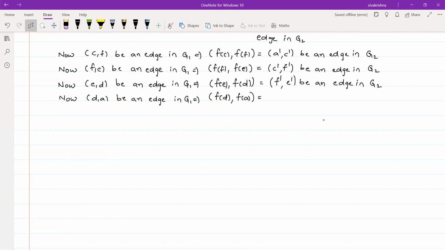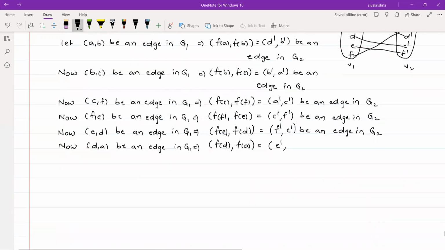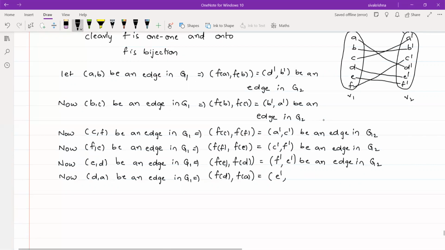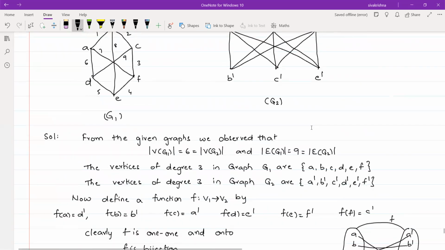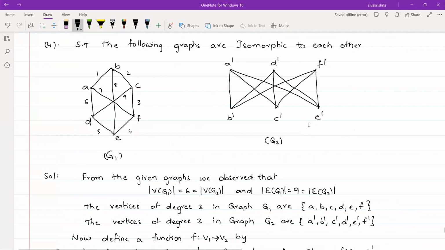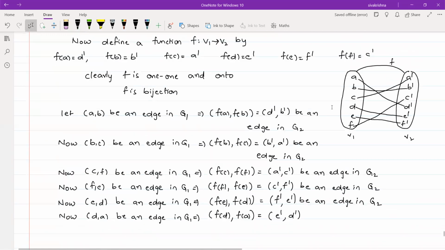Yes, we are going to check once again. f of D is nothing but E dash, and for f of A I am selecting the image of A as D dash, so we have to write E dash comma D dash. Whether there is an edge between E dash and D dash in graph 2, we have to check it. Yes, we have an edge between E dash and D dash, so E dash and D dash is an edge in graph 2.